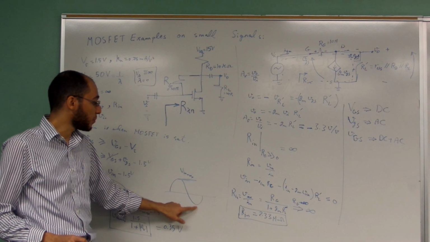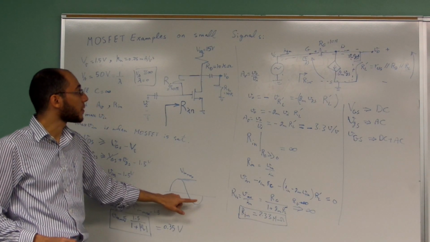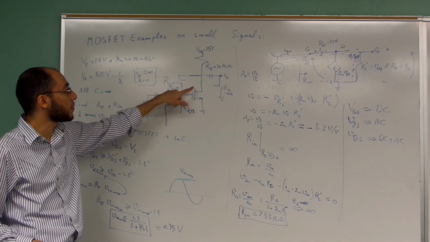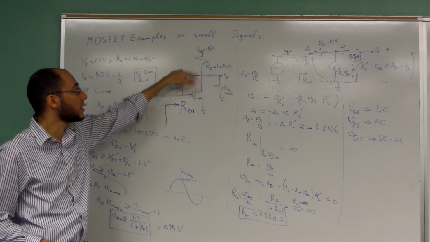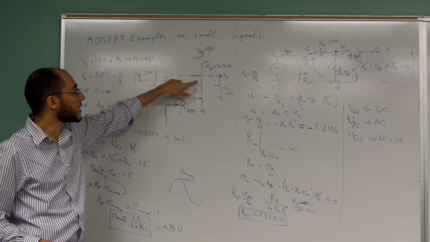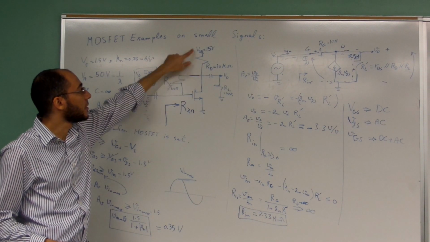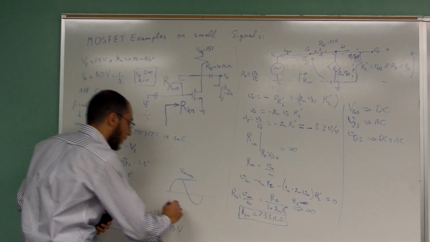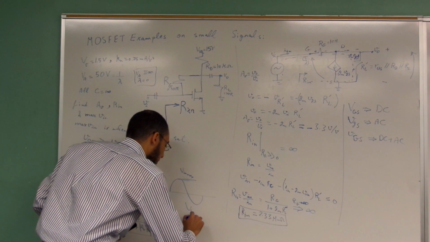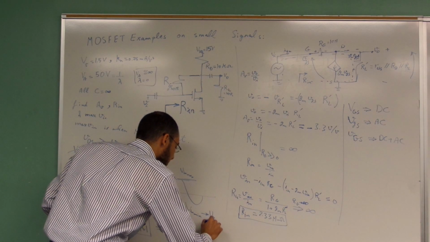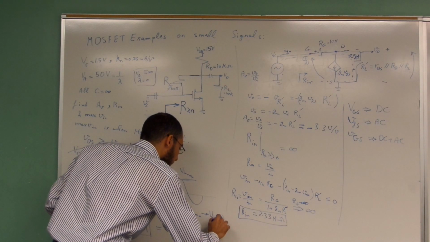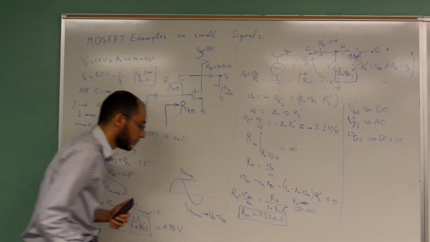However, V input minimum is found by finding the VD that keeps the current a positive value, which means that it should not exceed VDD. So if you want to find the V input minimum, VDS has to be less than VDD.